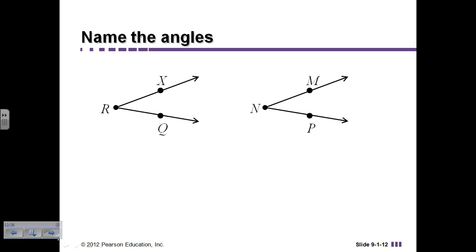So I want you to name these two angles. Okay, so the first angle, we could either name it angle R, or we could name it angle XRQ, or we could name it angle QRX.